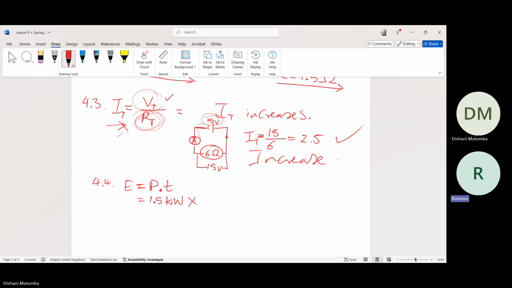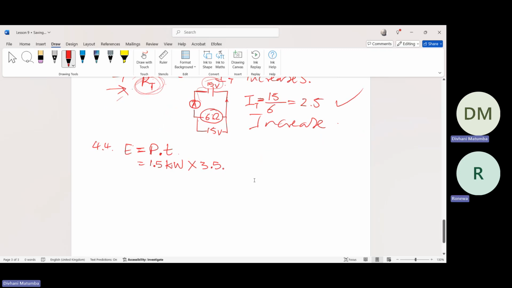Times the time, which is 3.5 hours, yes. That gives us 5.25 kilowatt hours.